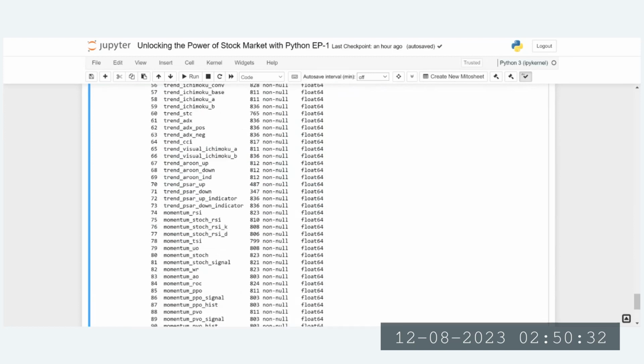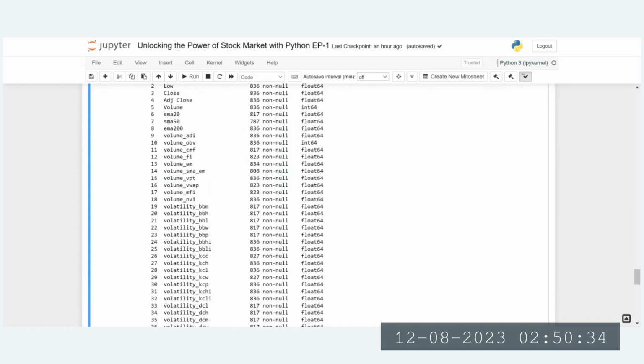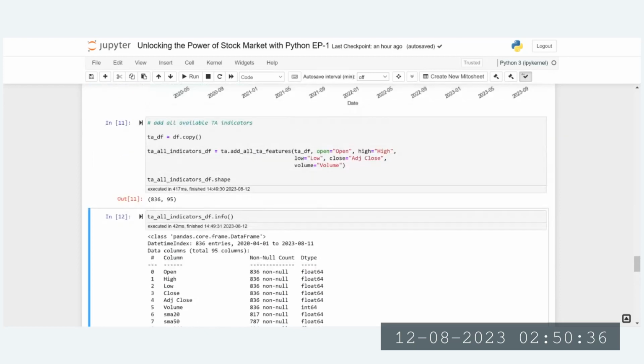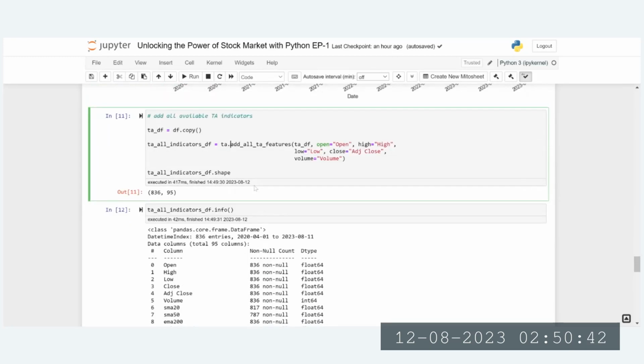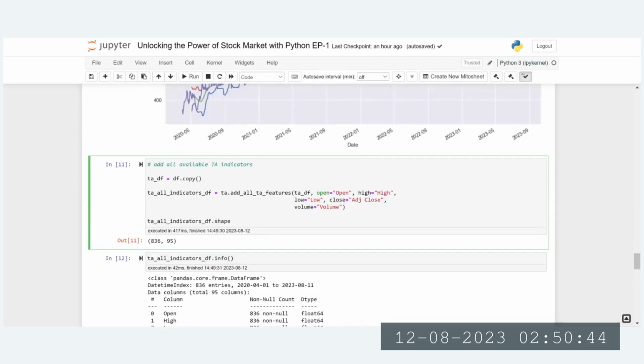If I want to use any of the indicators, it is readily available in Python. I don't have to do any manual calculation. All I have to do is install this library TA, and within this library, choose which indicator I want to work on, whether trend, volume, volatility, or momentum. Or I can work with a combination of these indicators too.